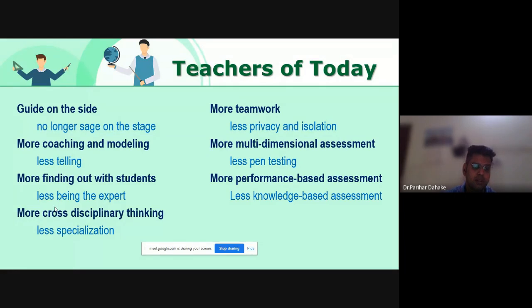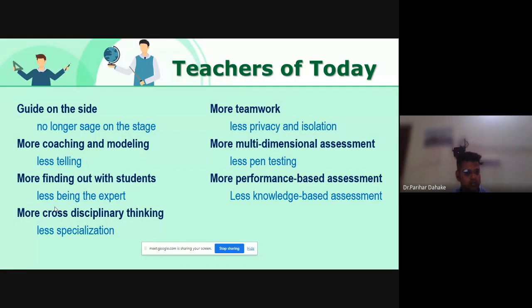But remember, we are resisting ourselves, and here we should be telling less and finding out more with the student. Try to dig out more information from the students, from the society and from the field, but you are becoming less of an expert. You are not exploring your mind, you are not learning things with a 360-degree approach.